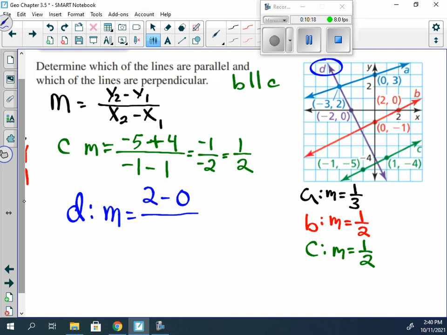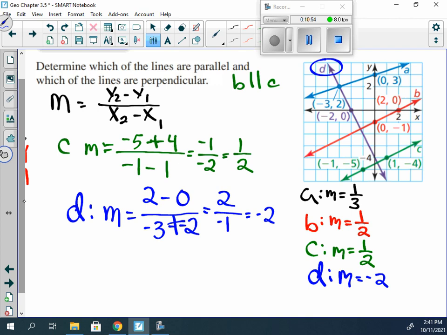The x value that corresponds with the y value of 2 is -3 minus -2. Well, the negative and negative on bottom will make a plus. On top, 2 minus 0 is 2, over -3 plus 2, so this here is -2. So the slope of line D, m, is equal to -2.